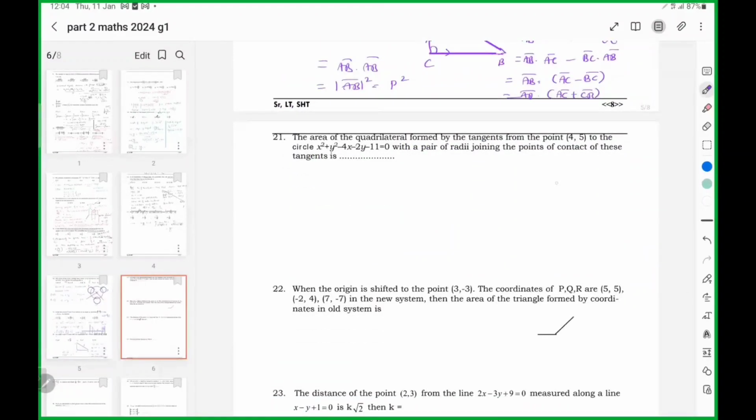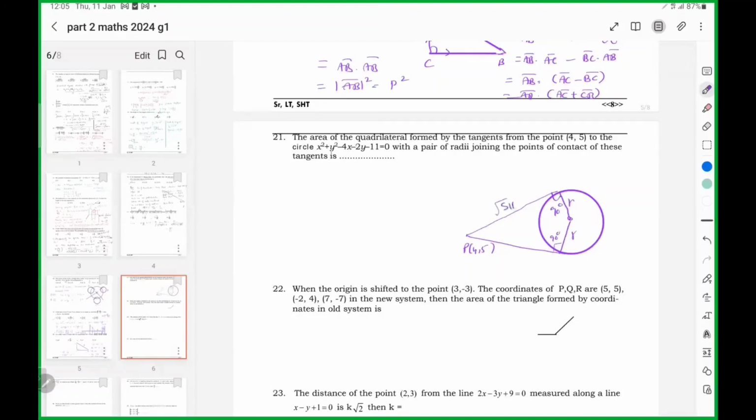So the area of the quadrilateral formed by the tangents from here is a point. Tangents are drawn to the circle from this point. It's 90 degrees, here also 90.